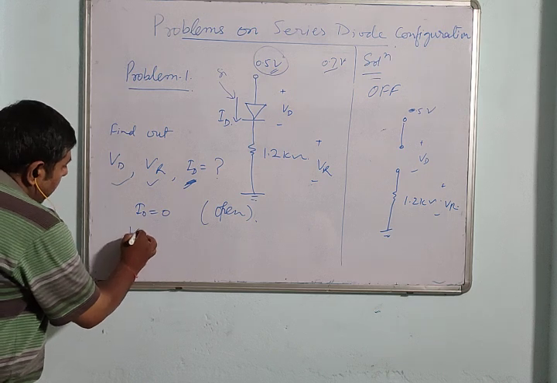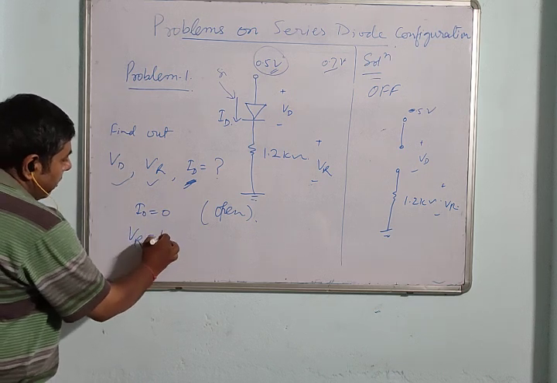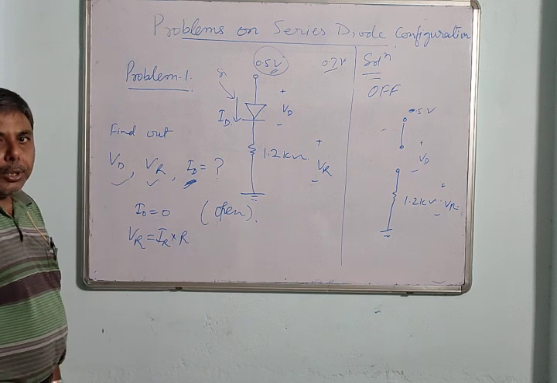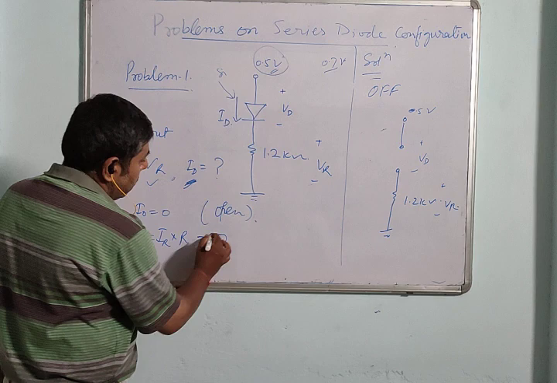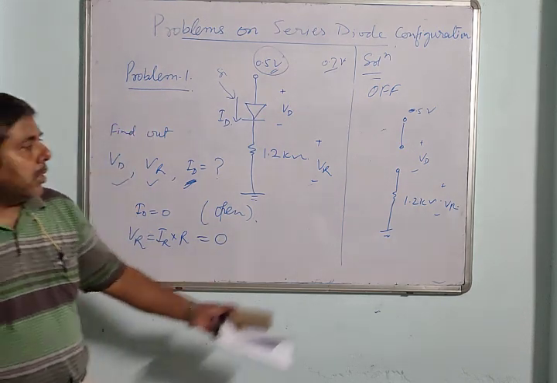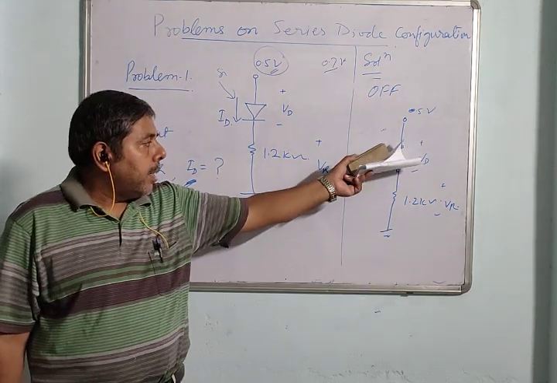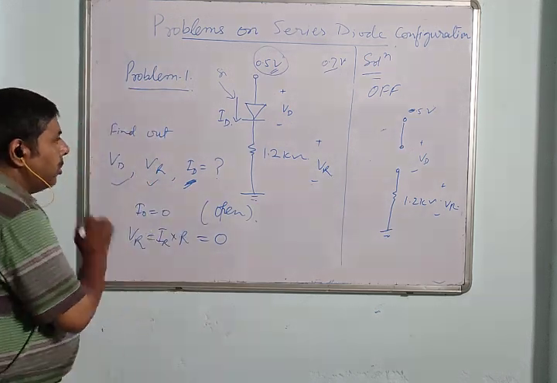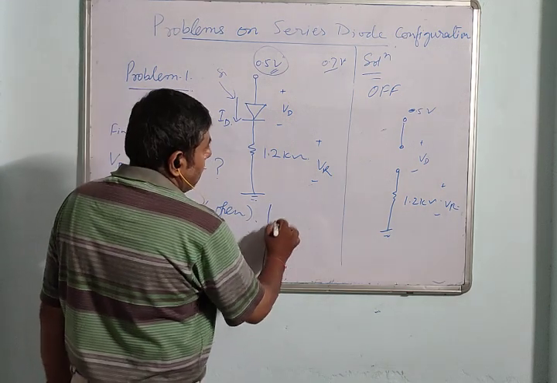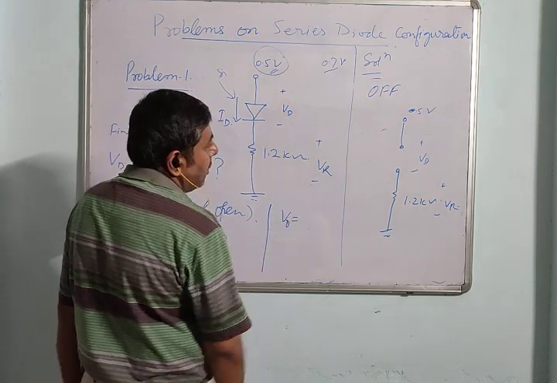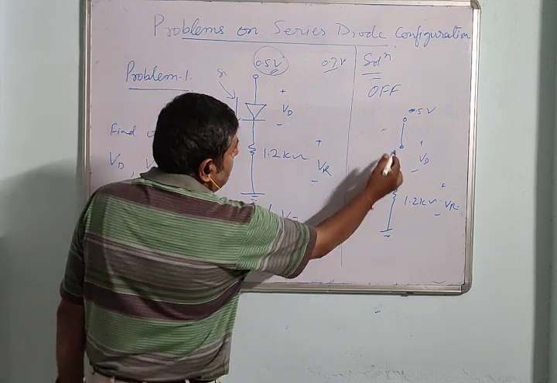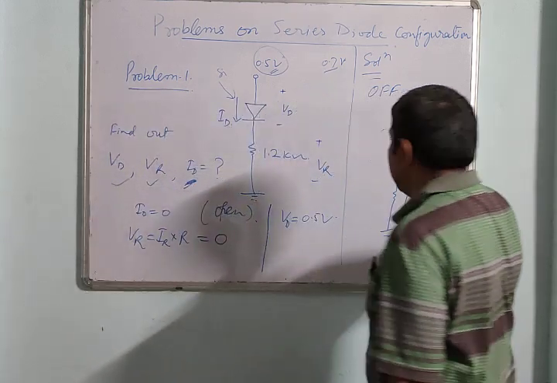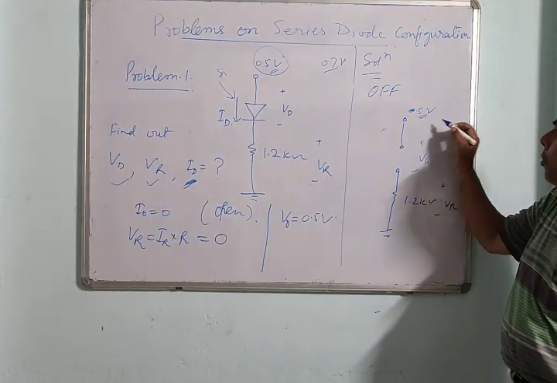Now what is VR? Through Ohm's law, you can write current into resistance, that is also 0, because this diode current is 0 and ID and IR are the same. Now you can calculate VD. VD is simply 0.5 volt because this terminal is connected to the plus 0.5 volt battery.